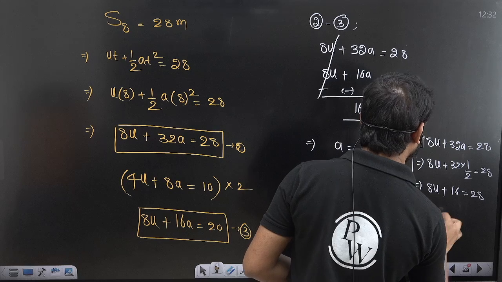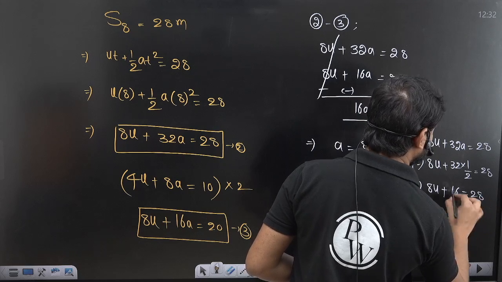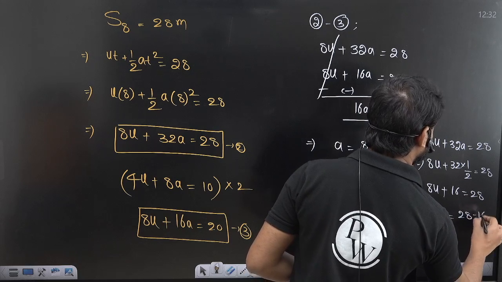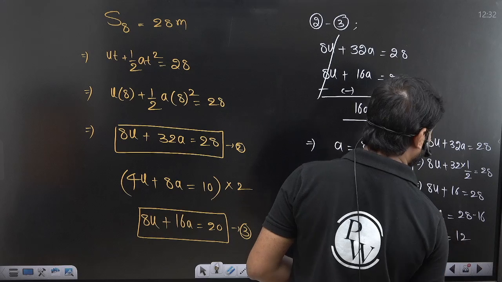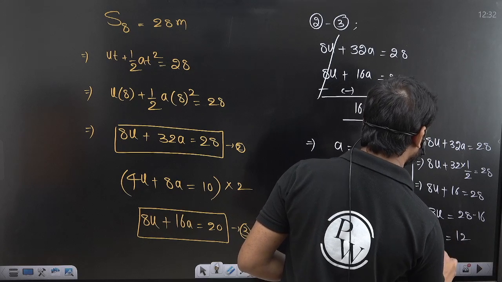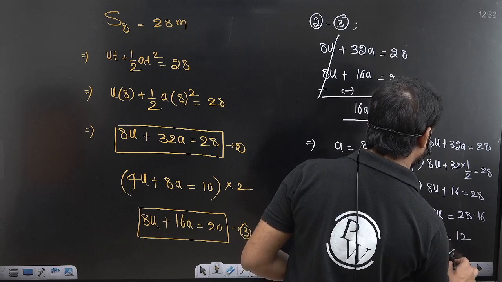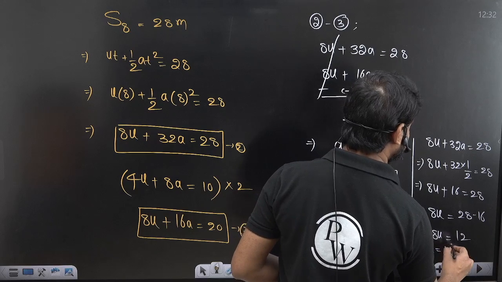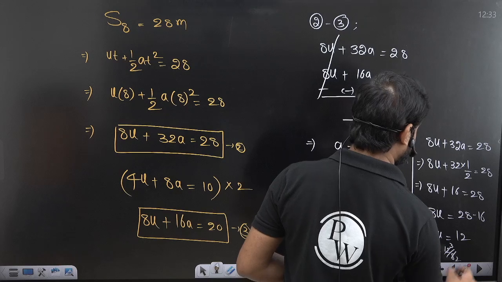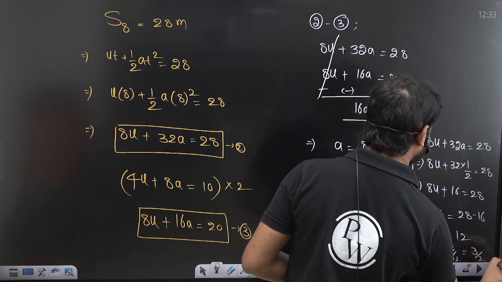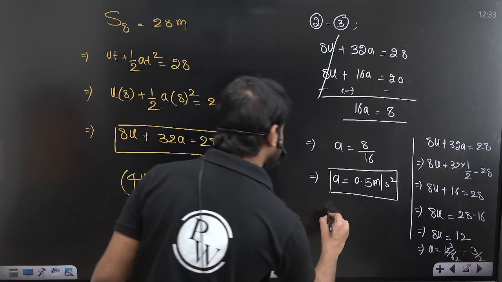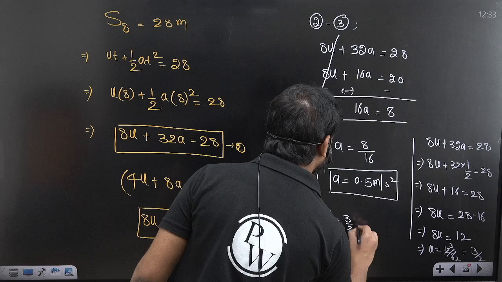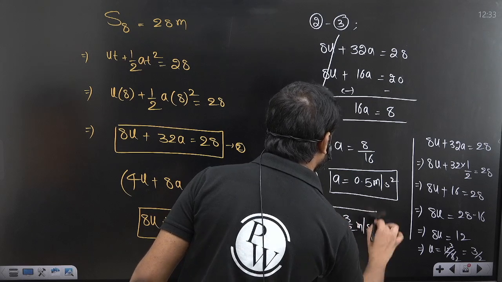From here 8u is equal to 28 minus 16, which is 8u is equal to 12. So u is equal to 12 by 8, which is nothing but 3 by 2. Now we got u is equal to 3 by 2 meter per second, or 1.5 meter per second, whatever you can write.